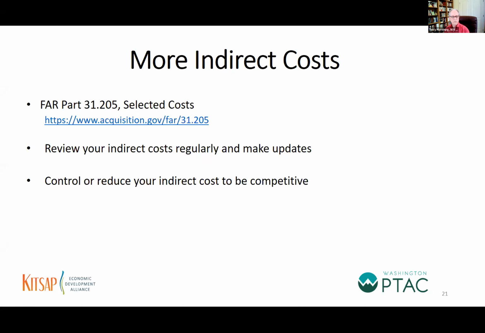The next bullet: review the indirect costs regularly and make updates. So a couple of scenarios there. One is you've developed your indirect costs. These are the items that you've identified that your company has as indirect costs for your corporate office. You've got a secretary there, a person who's answering the phone, another person who's looking for solicitations all day long from various websites.